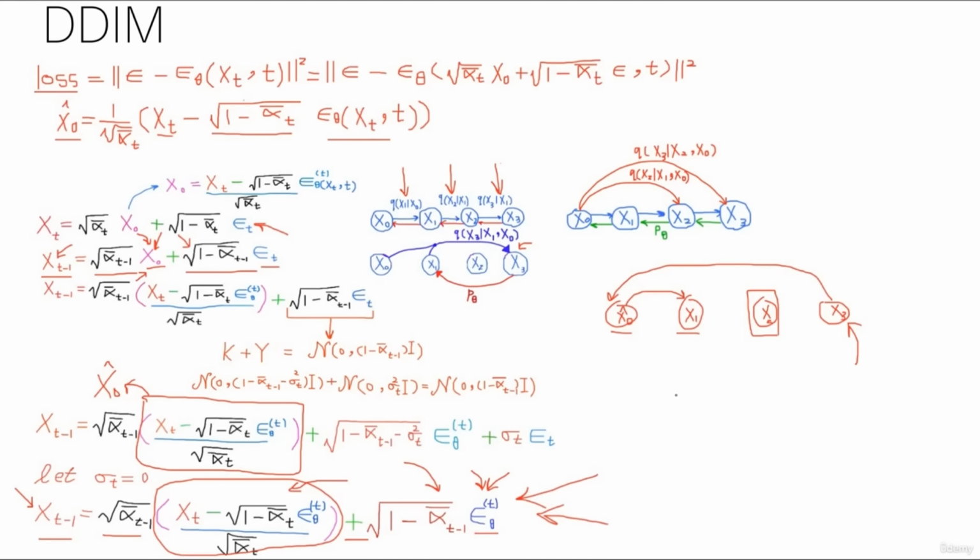But actually, based on the reparameterization trick, we just add noise to the clear image like this, and we scale the noise by a specific amount, say 1 minus alpha bar t, and this one here alpha bar t.